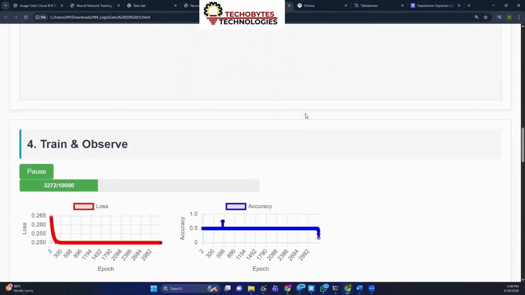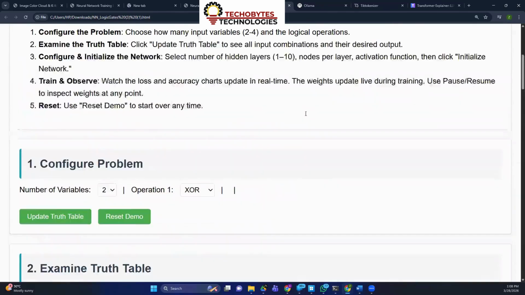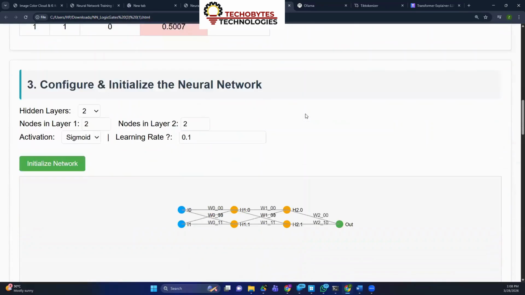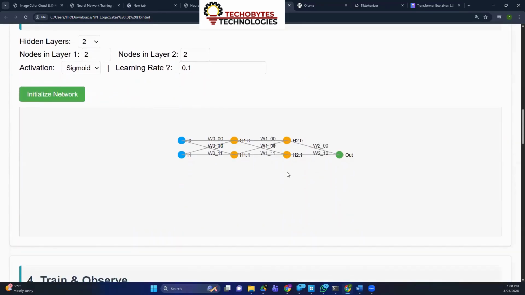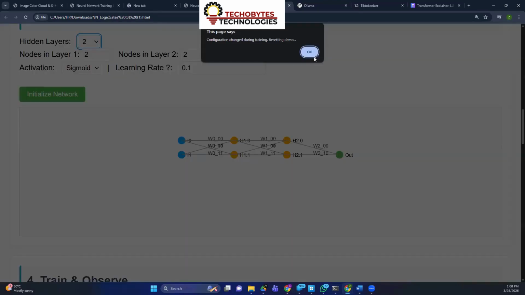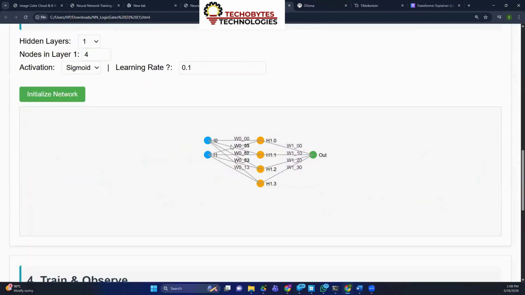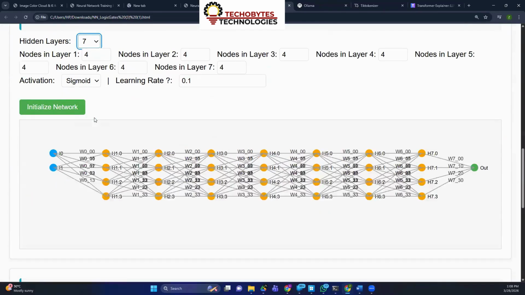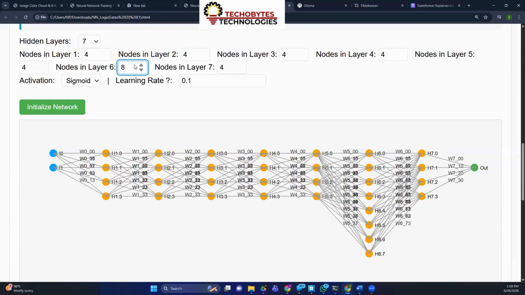You can have any number of layers and any number of nodes. So this kind of a network is called your fully connected neural network.